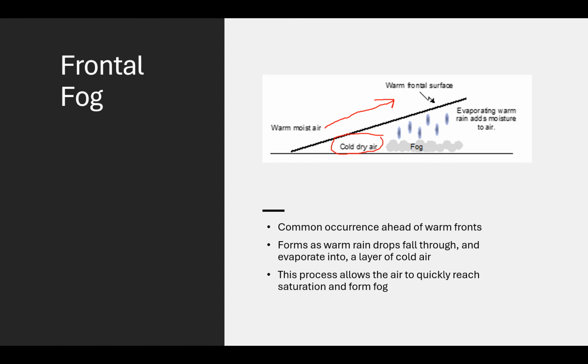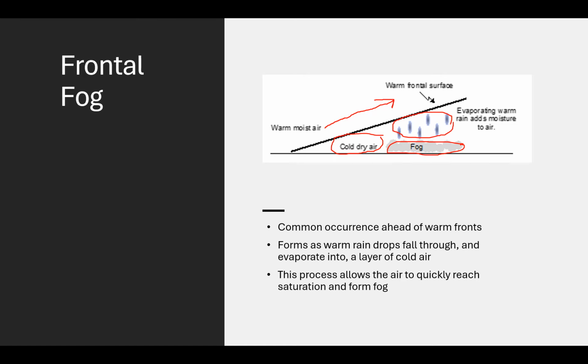Initially, what you get with this warmer air moving in over the cooler, drier air is that the precip is going to evaporate because you have a dry layer. These evaporating warm rain droplets basically saturate the atmosphere, especially closest to the ground, near the Earth's surface, and you get this blanket of fog to form as that warm, moist air is riding up and over the cooler, drier air.